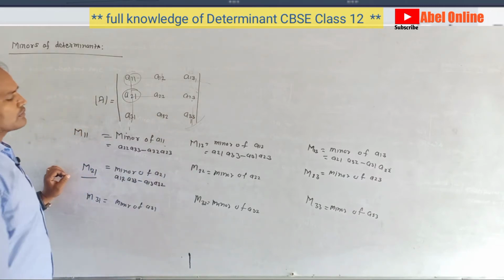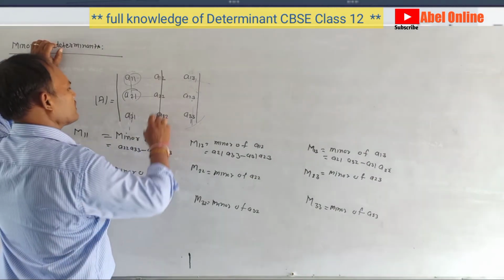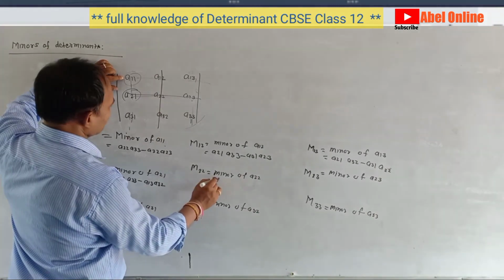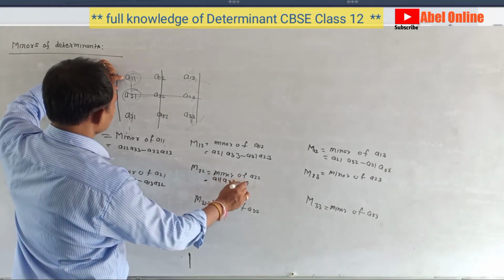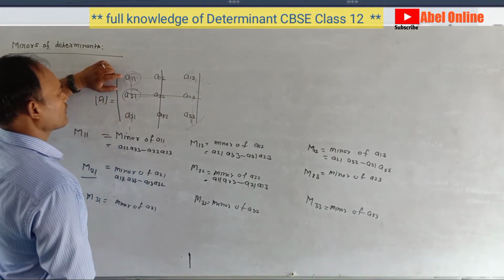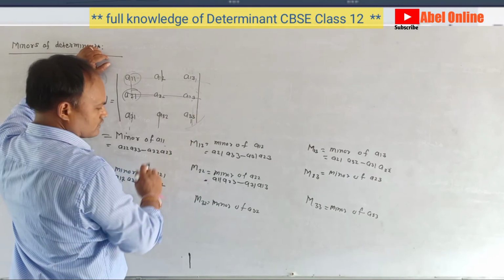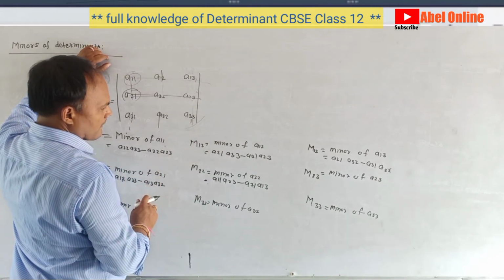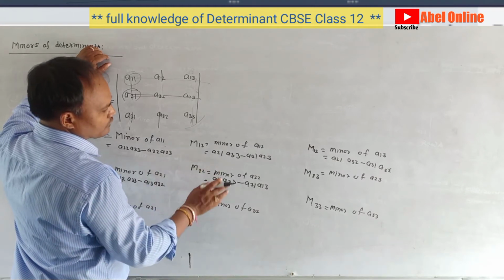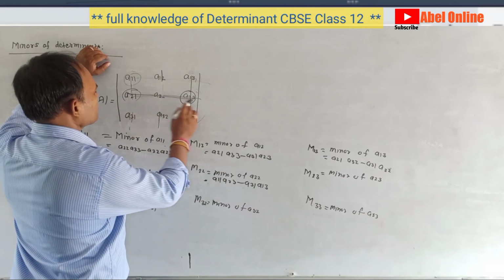Okay, now the minor of A22: just eliminate this and this. So the elements are A11, A33 minus A31, A13. Now we have to find the value of A23. Just eliminate this and this.